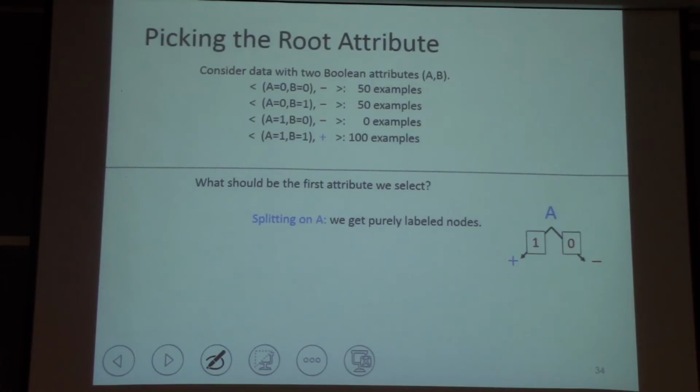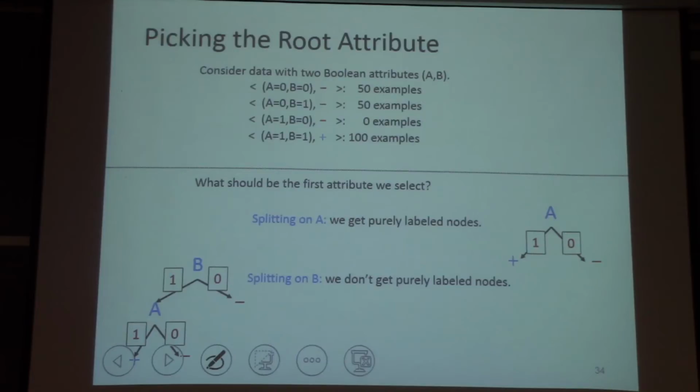When A is 1, you get a plus, A is 0, you get a minus. I could have split on B, and you get a different tree that looks like this. You build a more complex tree. So one of the reasons to pick A is because complexity is not a good thing.